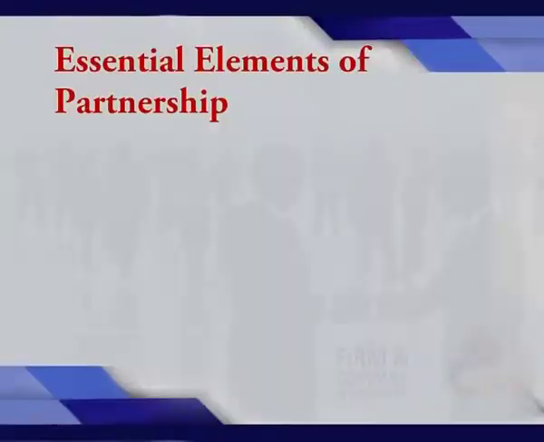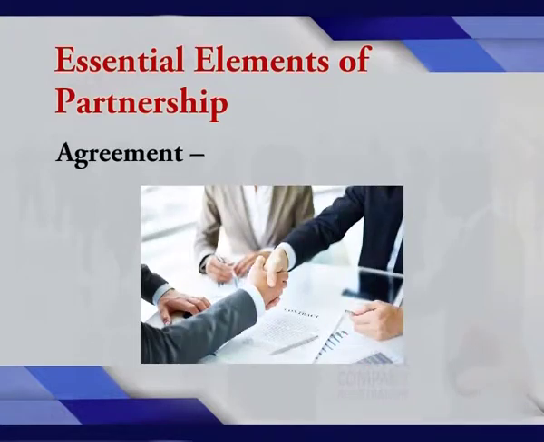Now, let us know in detail few essential elements of partnership. We shall now consider the aforestated essential elements one by one. Agreement. You have just observed that partnership must be the result of an agreement between two or more persons. You should note that it can arise only from a contract and not from status.